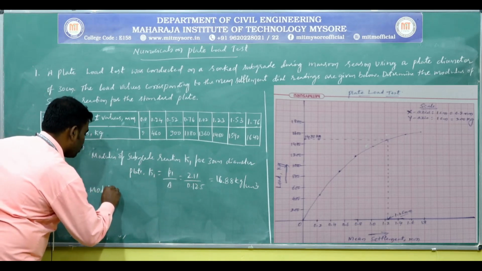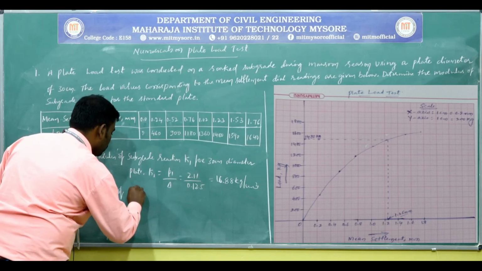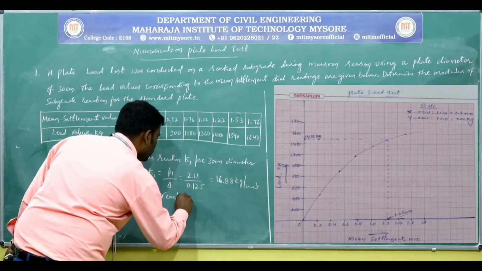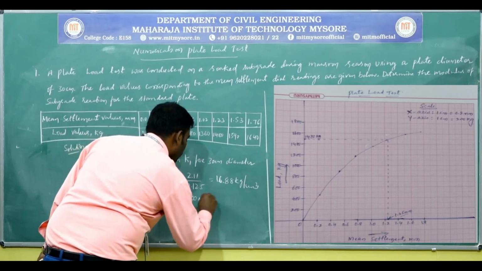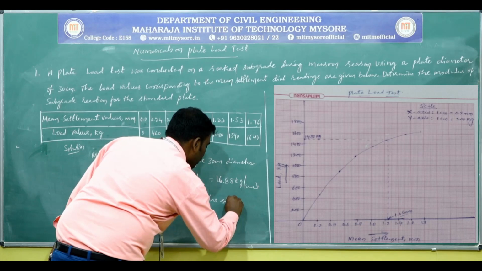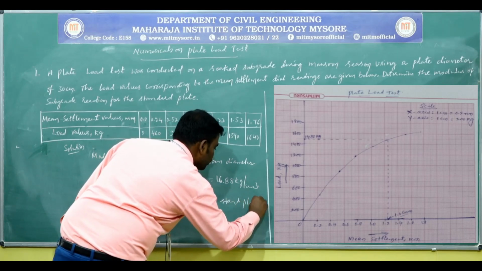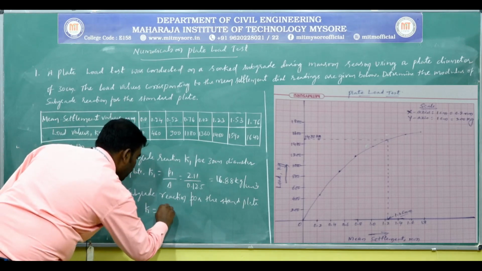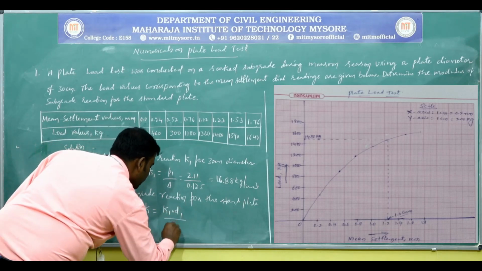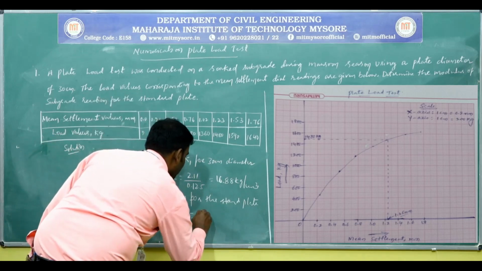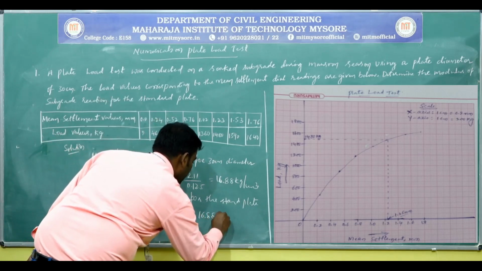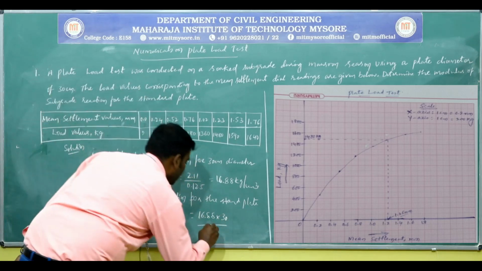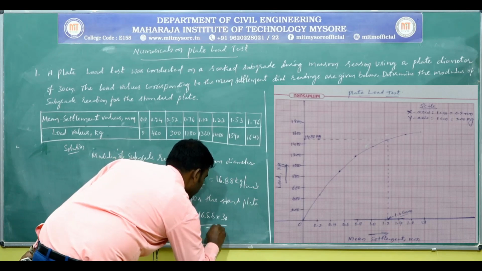Okay, modulus of subgrade reaction for the standard plate, K is equal to what? K1 D1 divided by D. That is equal to K1 is 16.88, D1 is 30 and D is the diameter of the standard plate, it is 75.